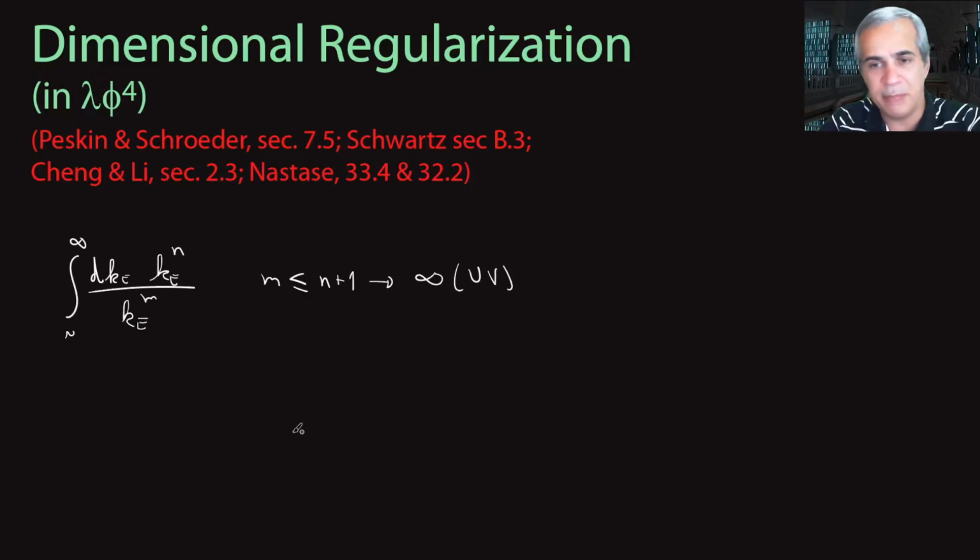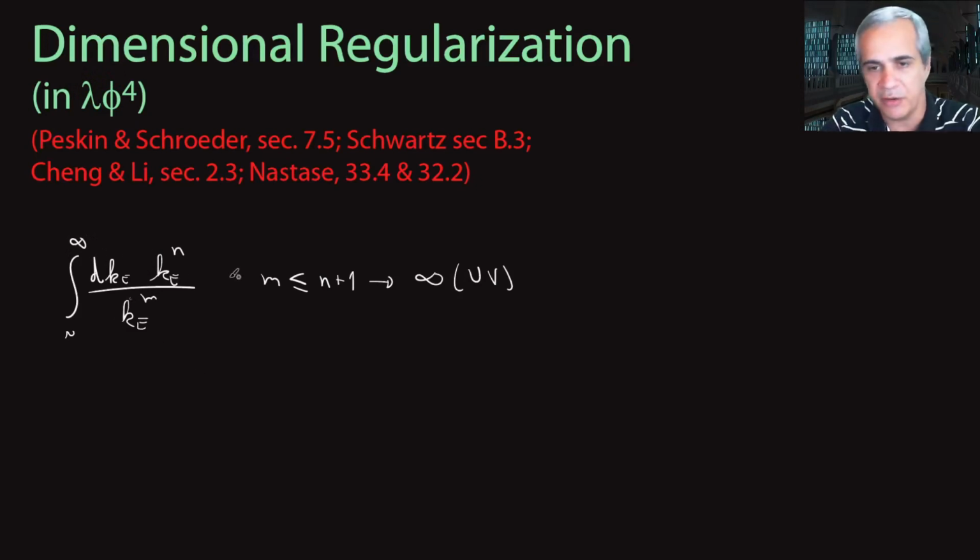And Pauli-Villars basically helped us increase the power of momentum in the denominator. Right? The whole idea of dimensional regularization is to lower the power in the numerator. So you go the other way. You leave the denominator as it is, and you try to lower this power up here. Right? But in most of the loops we were looking at, this power of momentum in the numerator came from the integration measure, right?